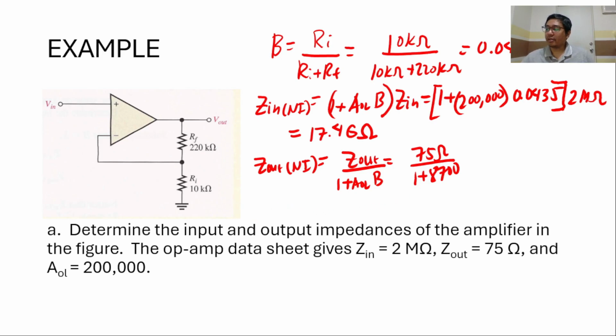So that is 200,000 times the attenuation 0.0435. And that is equal to 8.6 milliohms. As we can see here, the output impedance of the non-inverting amplifier is way less compared with the one on the datasheet.